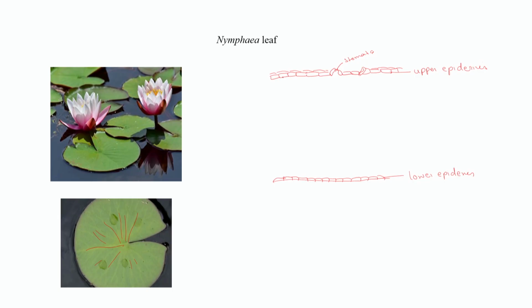Okay, you can see a palisade layer, okay. In this case you will see multiple palisade layers, more than 1 or 2, you can see 3 palisade layers. So definitely these are the mesophyll layers.